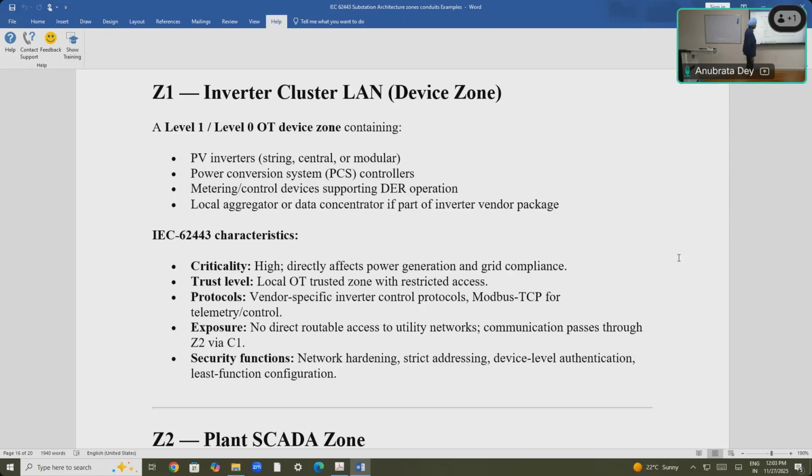Protocols could be vendor specific depending on the inverter, or you could have Modbus TCP for telemetry and control. For exposure, there is no routable access to the utility network from here. Communication will go through zone 2 via conduit 1. Those are again some of the security functions that you can have, proper authentication and so on.